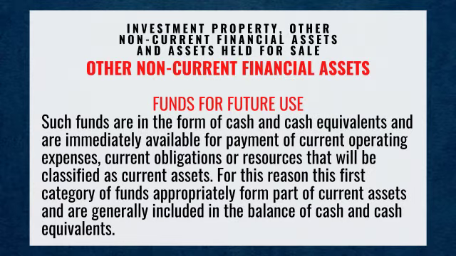Such funds are in the form of cash and cash equivalents and are immediately available for payment of current operating expenses, current obligations, or resources that will be classified as current assets. For this reason, this first category of funds appropriately forms part of current assets and is generally included in the balance of cash and cash equivalents.